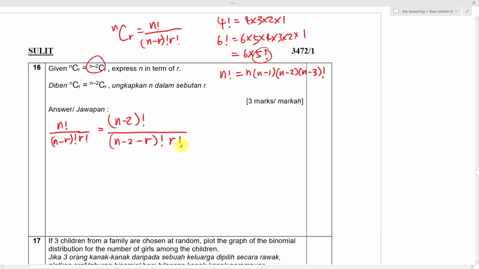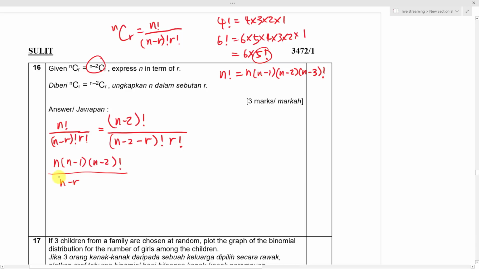Alright, so I will need to solve this thing. So what I will do over here is, I will expand the n factorial and n minus 1. I will stop at n minus 2 factorial because I see the n minus 2 factorial on the other side. So later I can simplify them.